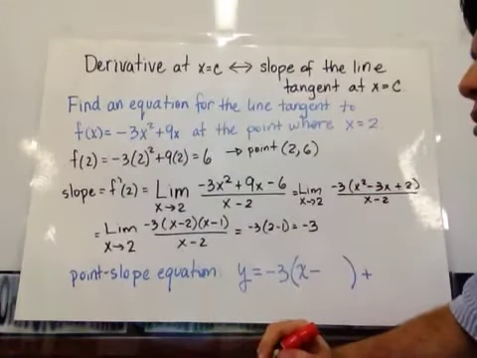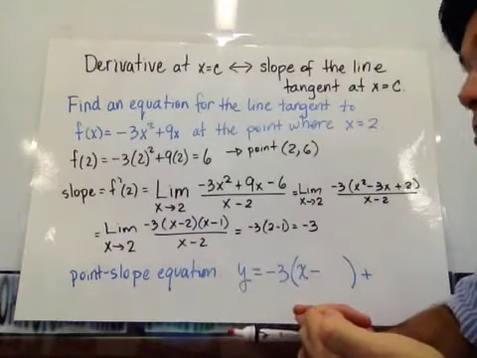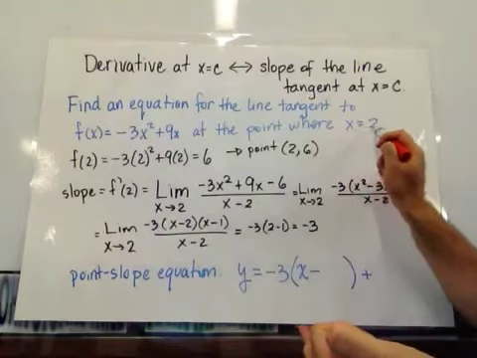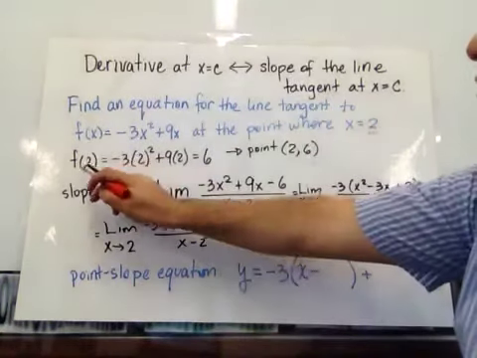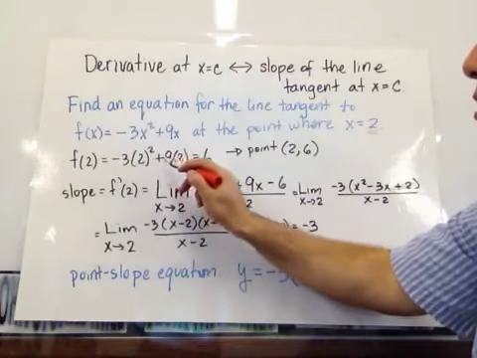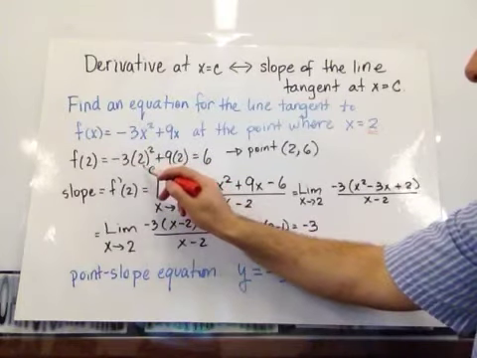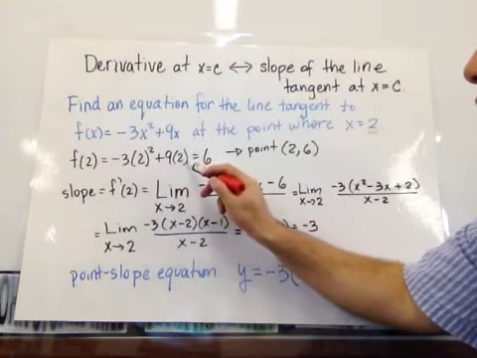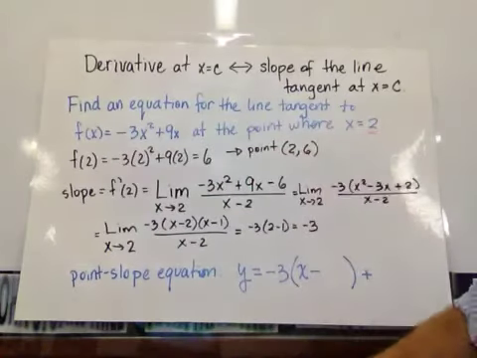First thing you need to find the equation of a line is a point and the slope. We have the x value of the point, so we need the y value. That's, of course, f of 2. Substituting, -3 times 2 squared plus 9 times 2, that's -3 times 4, that's -12, plus 18, that's 6. So the point is (2, 6).